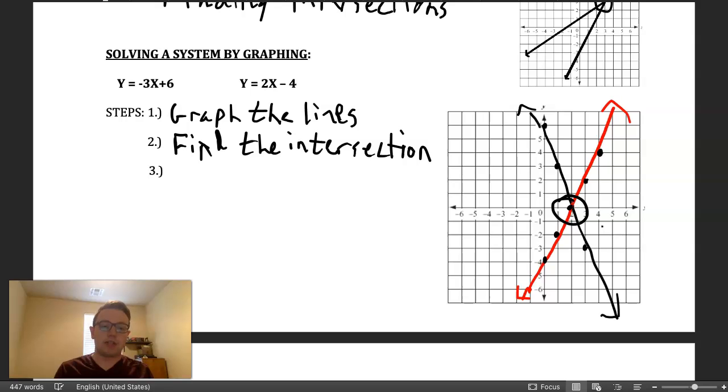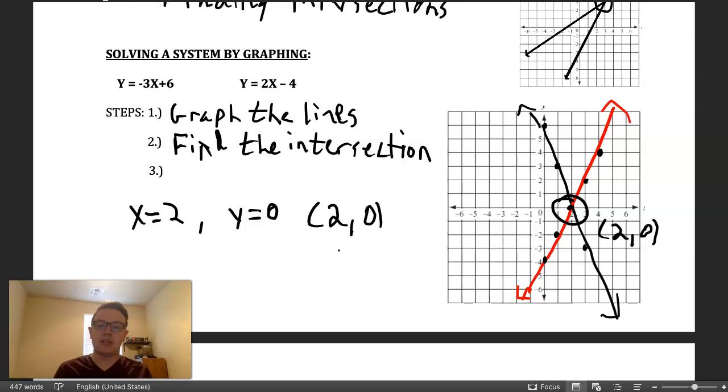We have our intersection right here at the point (2, 0). So that should theoretically be our solution. Our solution should be x is equal to 2 and y is equal to 0. Or we can write that as an ordered pair, (2, 0).